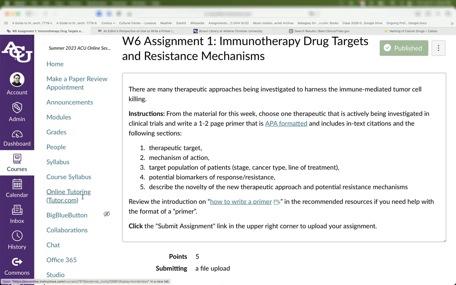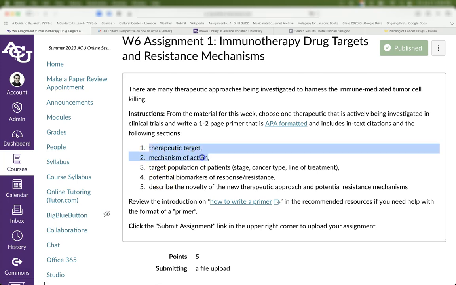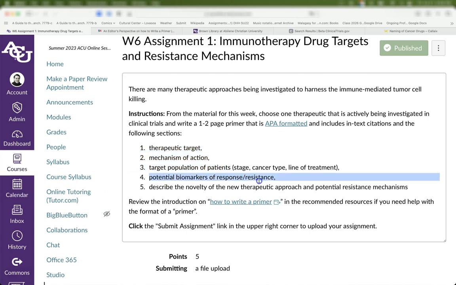So you're looking for a target, and we want to be identifying and discussing the therapeutic target, the mechanism of action, the target population, potential biomarkers, and how new is this? Is it something that's being tried a lot, or is it just they're doing a larger study? Are there potential resistance mechanisms?